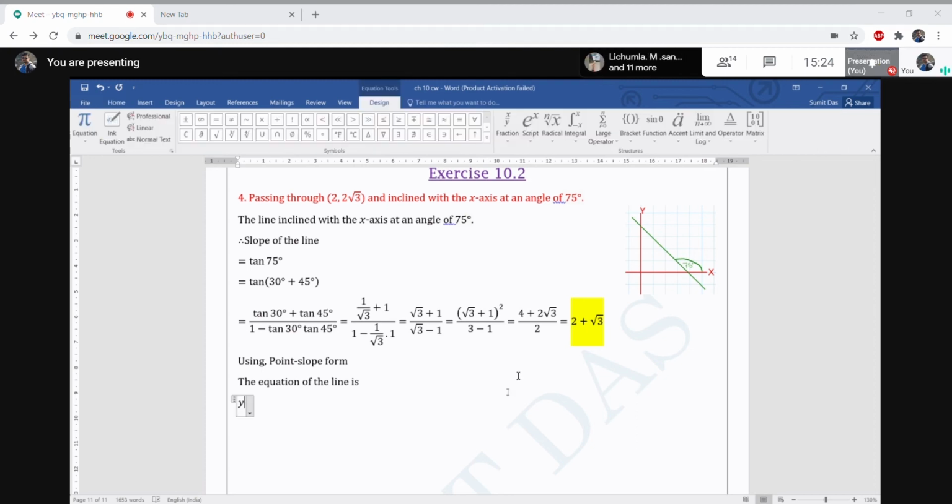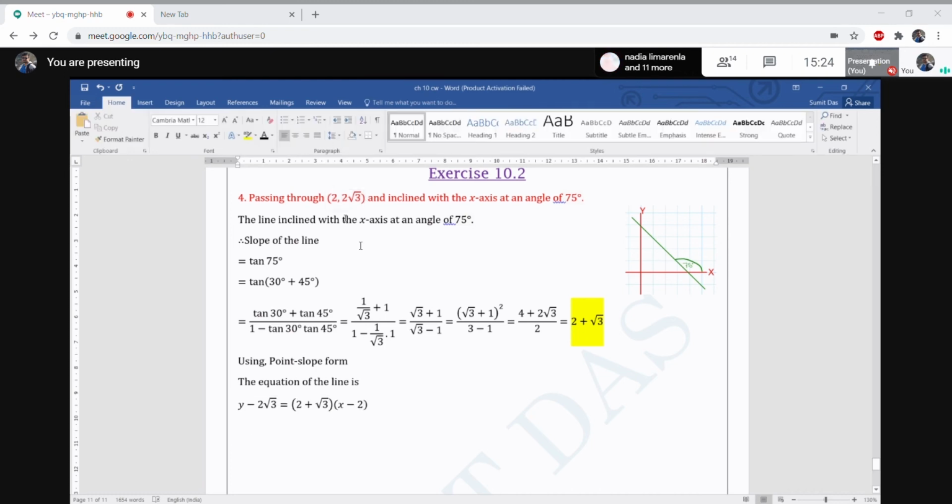So y minus y naught, what is y naught? 2 root 3, 2 square root of 3, equal to m. What is m? M is 2 plus square root of 3. Okay, and x minus x naught here is x minus 2.